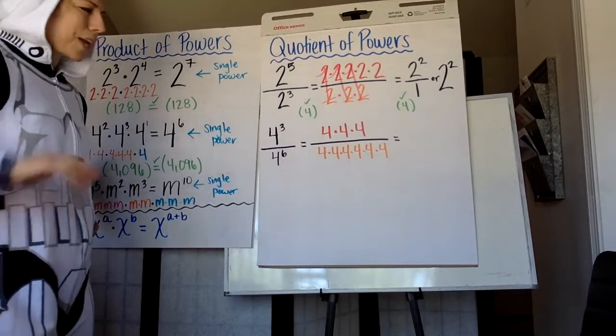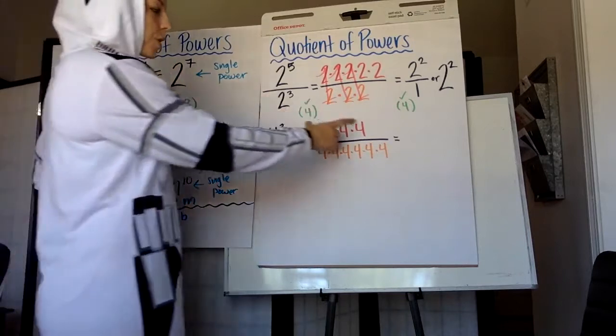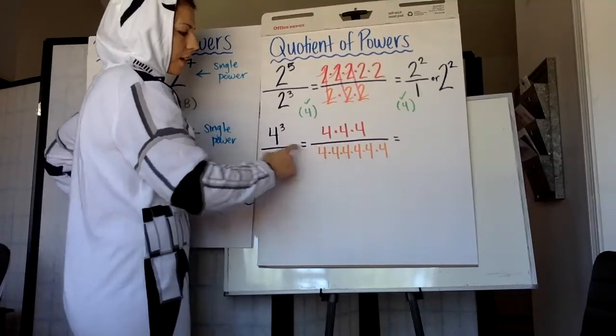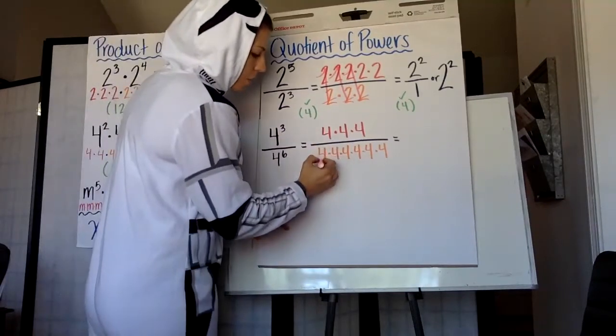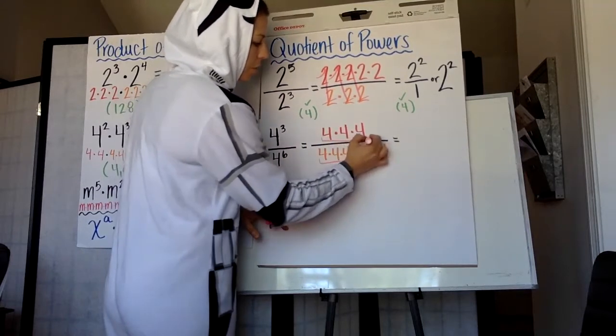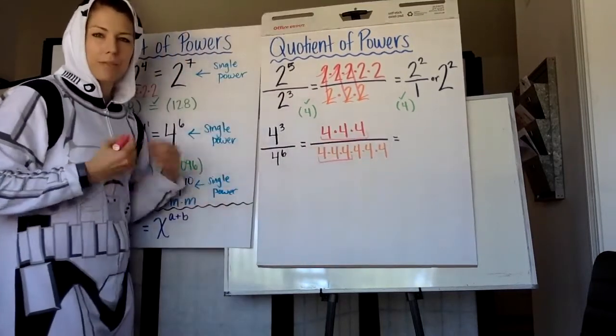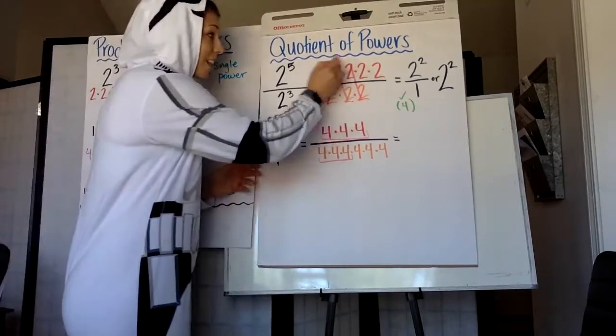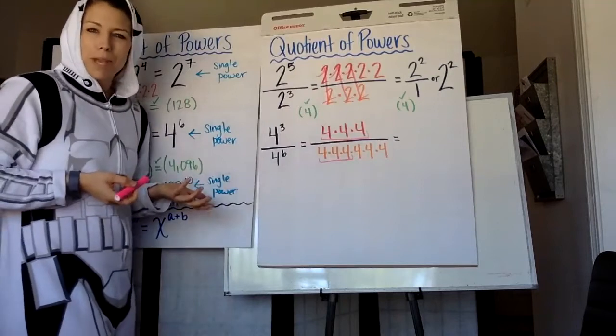A lot of math is just, what do you see? Well, I see 3 4s up here, and I also see 3 4s down here. Do you notice that? There's 1, 2, 3 4s in the denominator and 3 4s in the numerator, kind of like a GCF, what they have in common, which means just like up here, those equal big ones.